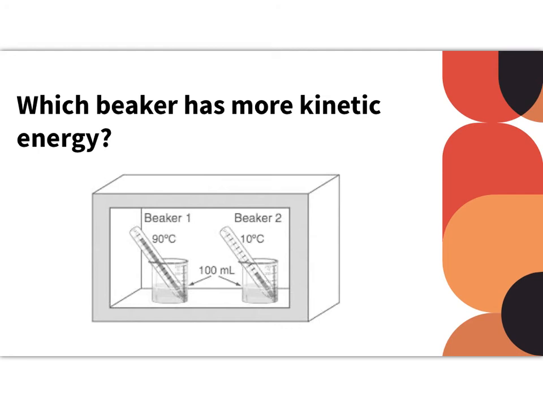So in this example, which beaker has more kinetic energy? Well, each beaker has the same amount of water. This beaker is at 10 degrees Celsius, and this beaker is at 90 degrees Celsius.